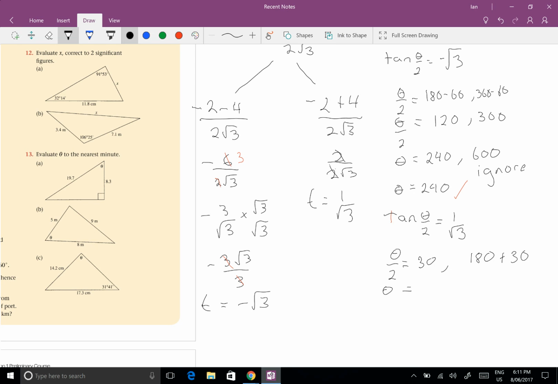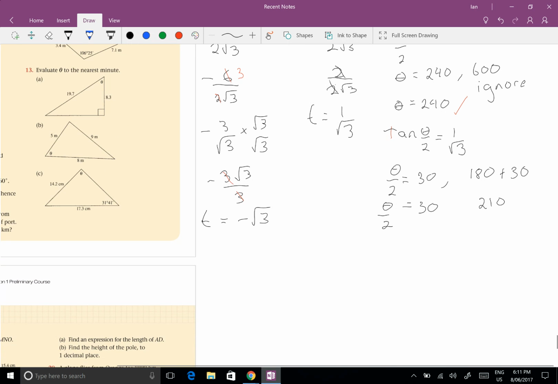So theta on 2 will equal 30 or 210. Let's double both of those. So theta will equal 60 or 420. Well, we can ignore that one. It's outside the domain. But we will keep this one because it's inside the domain. And we look up and we see that the answer is 60. And that is brilliant.